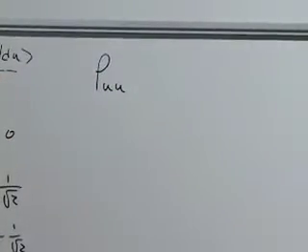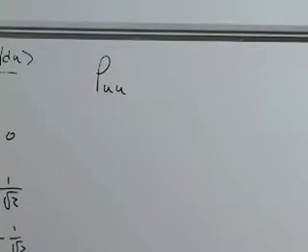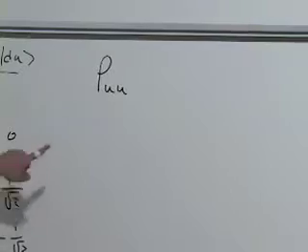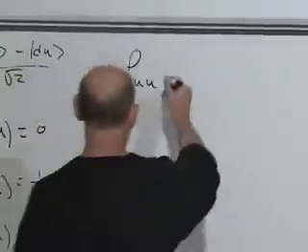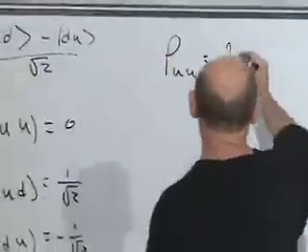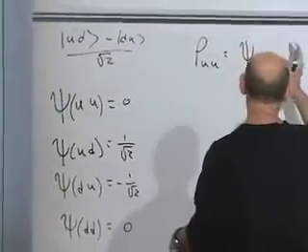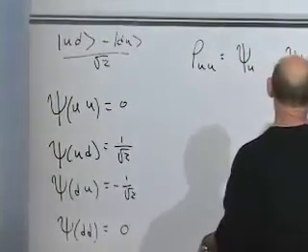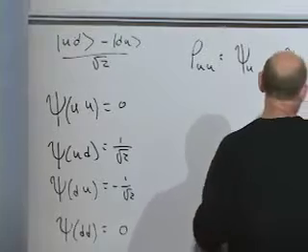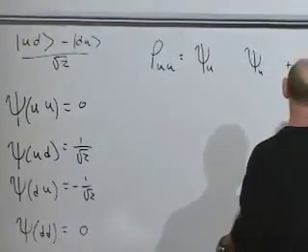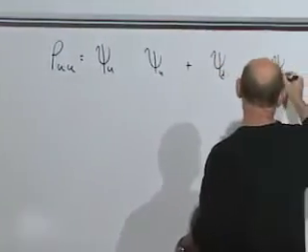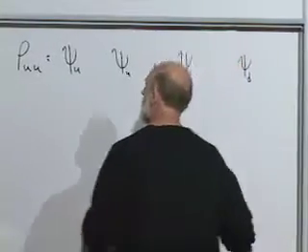Remember, rho is a matrix, but it's a matrix just in the space of 1 spin. So let's calculate its up, up matrix element. We get it by writing psi up, and let's write it again, psi up, star.